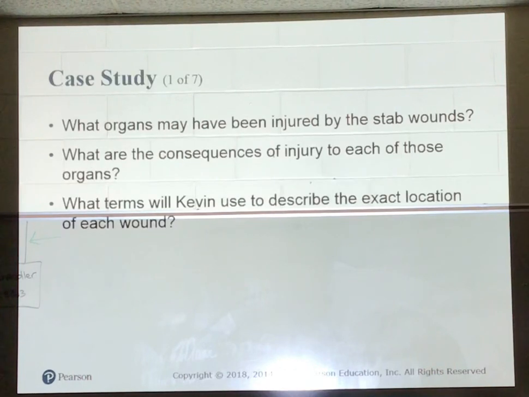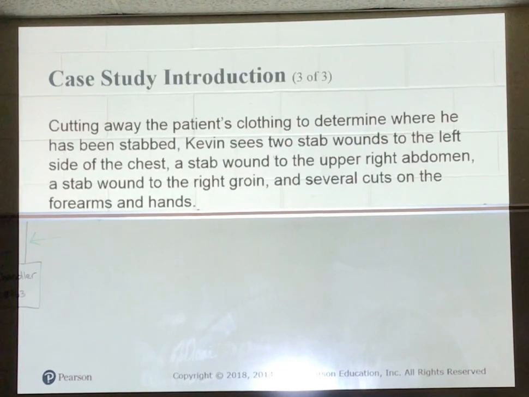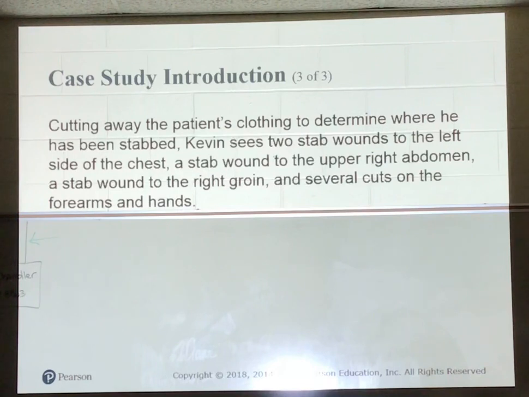So what organs may have been injured with this stabbing? Upper right abdomen, left side of the chest. What's on the left side of the chest? Heart, lungs.